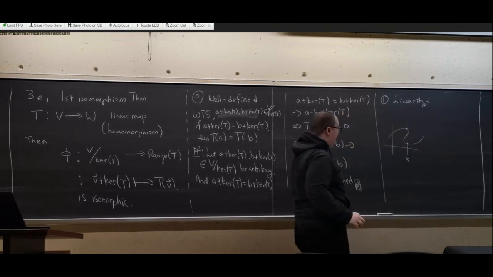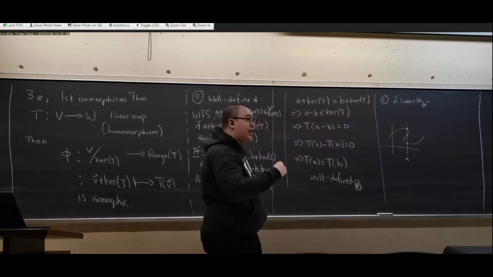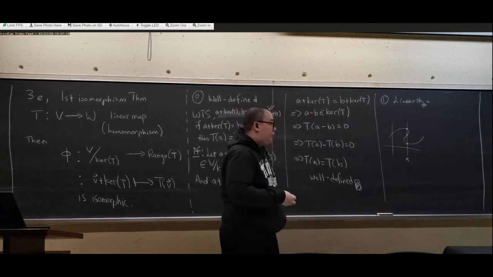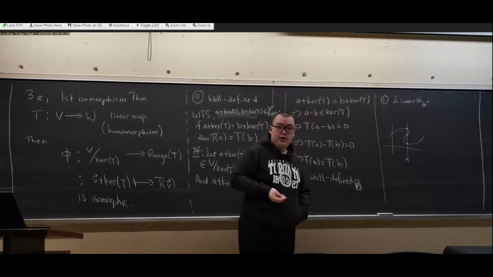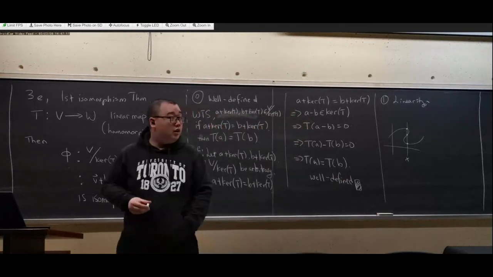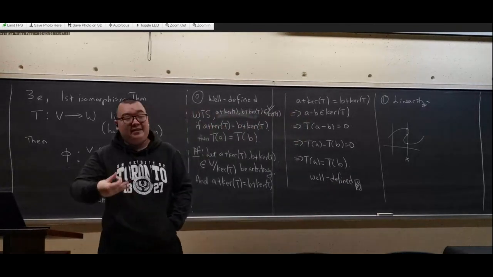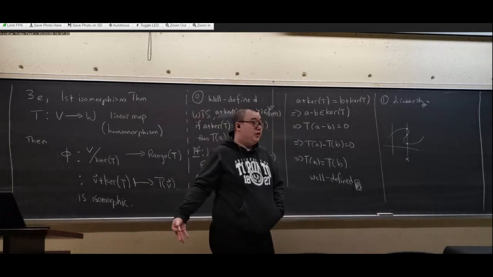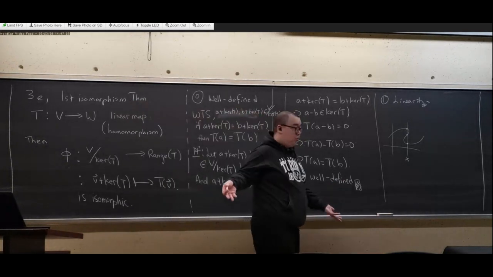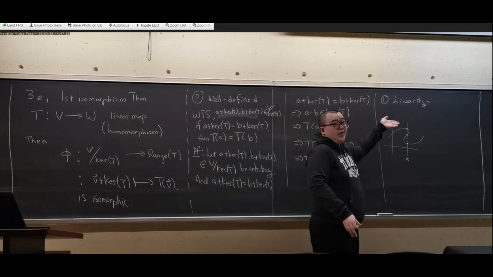So I give you the input x, and I ask you, what is the output? And you tell me, oh, it's one of these 3 values. I don't know exactly which one. Well, then it is not really well defined, isn't it? Because I gave you the input, you have no idea what the output is. It's one of the 3, but which one is it?